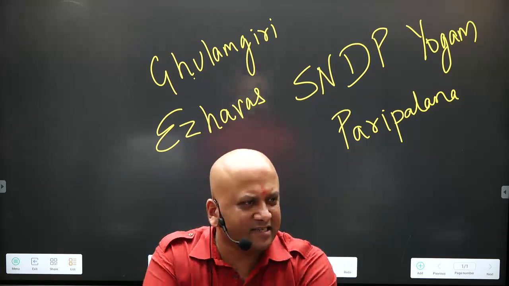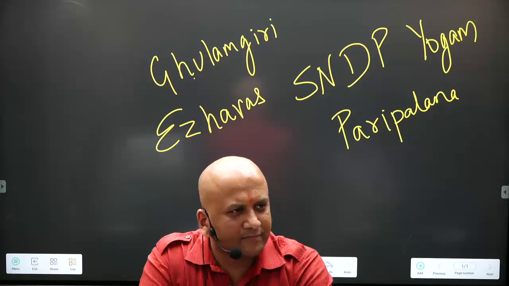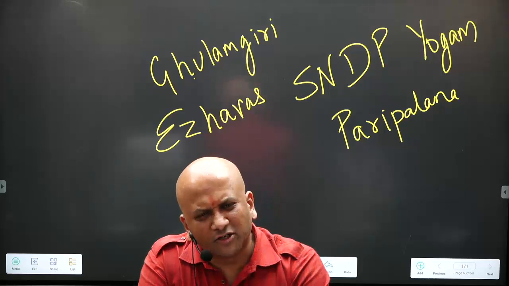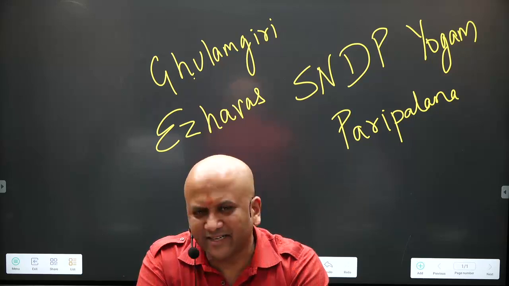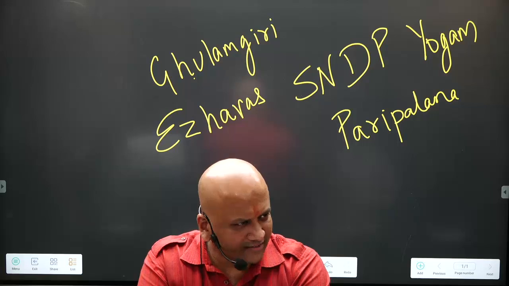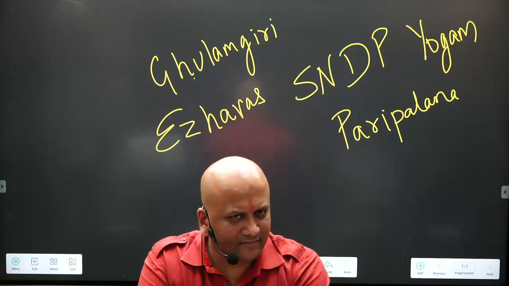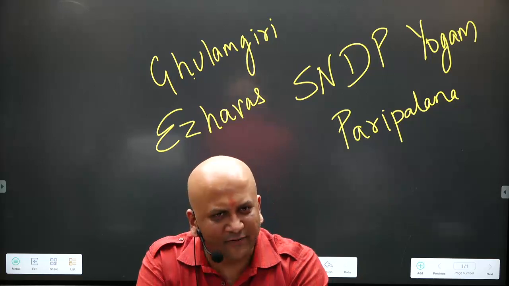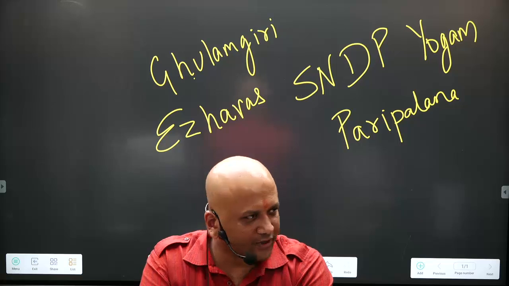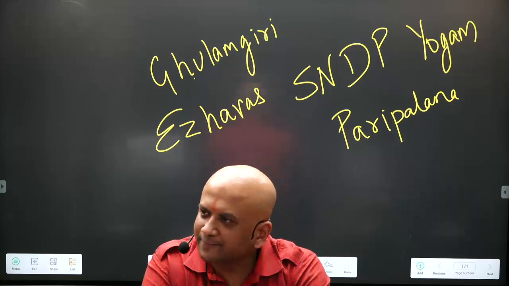What progressive legislations were passed? Abolition of sati, slavery, regulating the age of marriage, permitting widow remarriage, etc. Prohibition of human sacrifice, they did many such things.